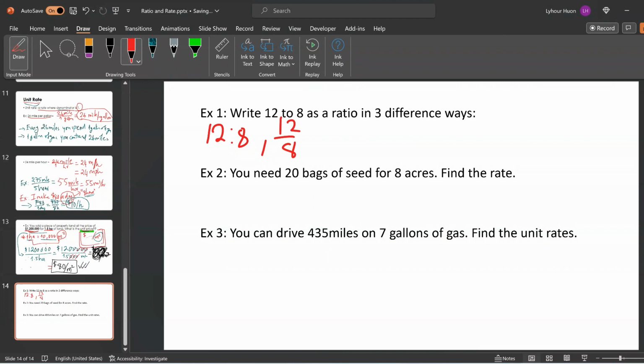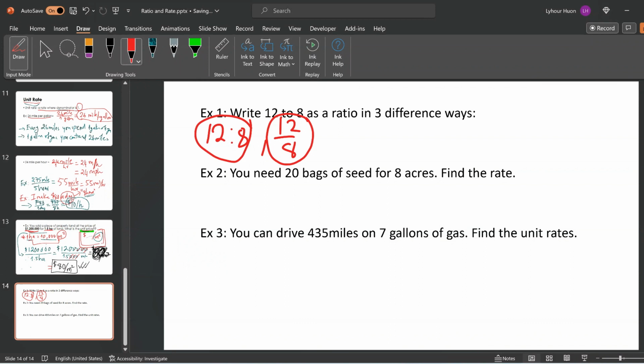Is 12 over 8 a reduced ratio? You can divide it by 2, no?